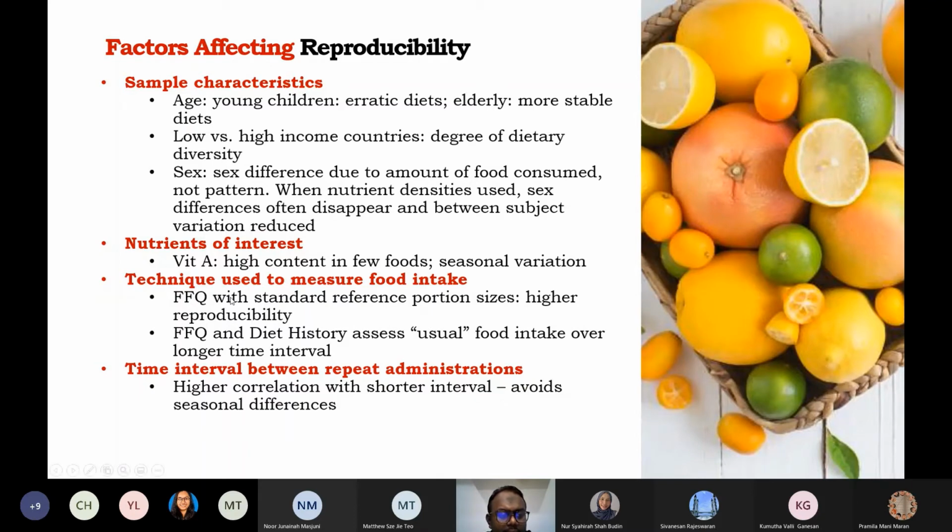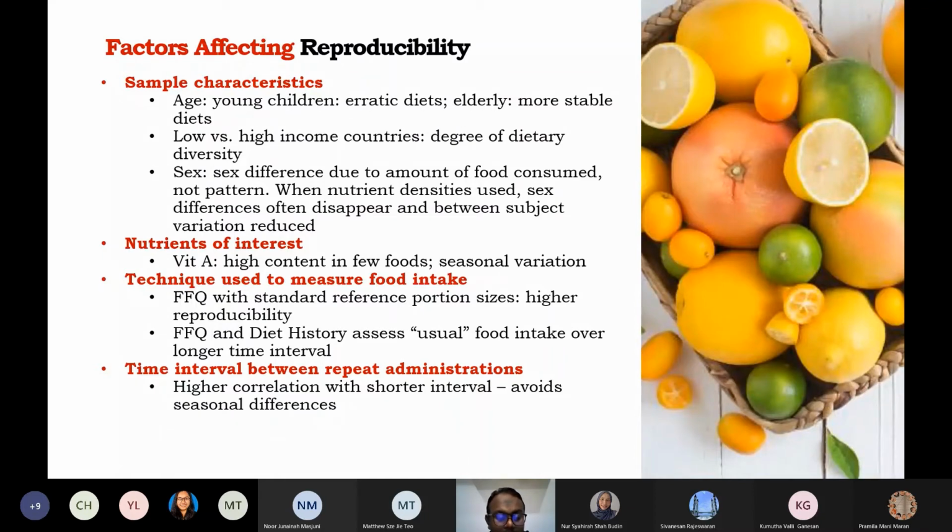The second factor is nutrients of interest. As an example here, the content of vitamin A is higher in a few foods. So if during the reporting they did not consume that type of food, the vitamin A intake will be lower.